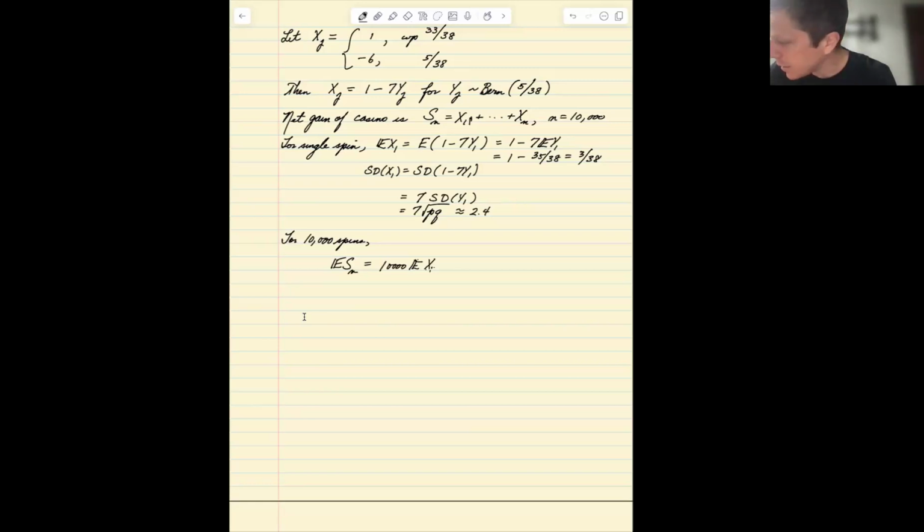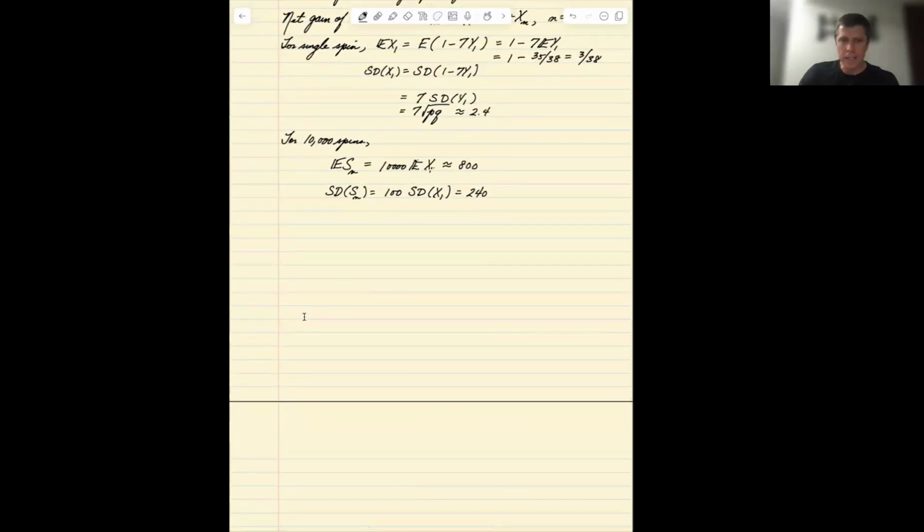So this comes out to be about $800. And the standard deviation is the square root of 10,000, which is 100, times the standard deviation of X1, which we calculated to be 2.4. So this is about 240.